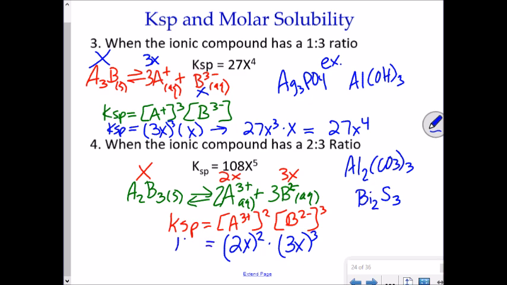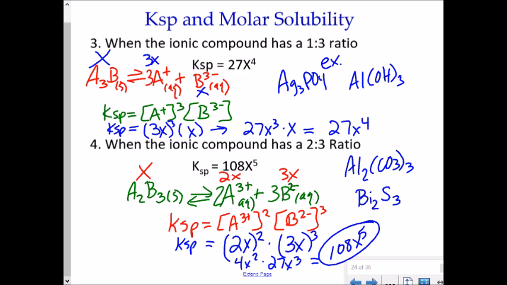Right? So this ends up being 4x squared times 27x to the 3rd, which ends up resulting in 108x to the 5th. So anytime you have a 2 to 3, it's always 108x to the 5th.